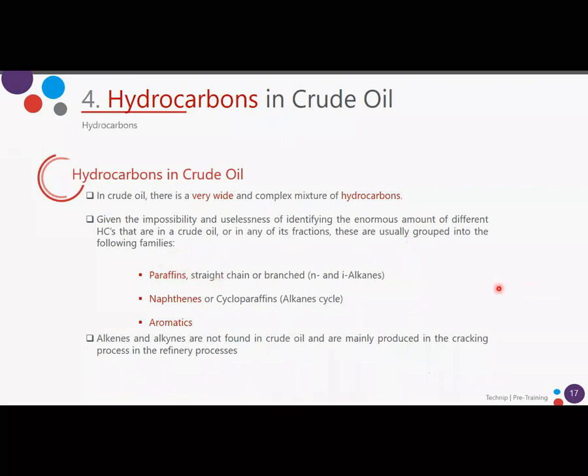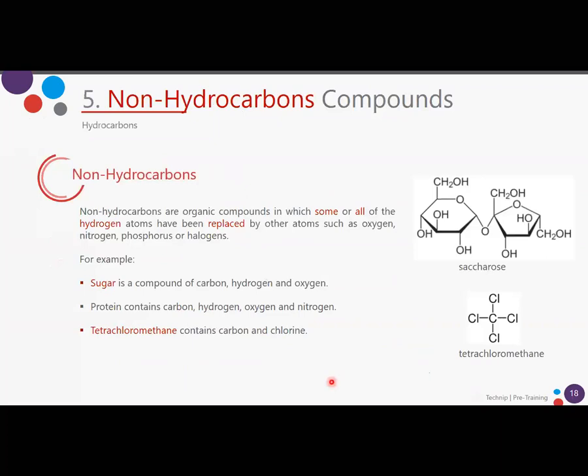So the last slide in this presentation shows only a few examples of non-hydrocarbons. These are organic compounds, but not hydrocarbons, where some of the hydrogens have been replaced by other atoms such as oxygen, nitrogen, phosphorus, or halogens.